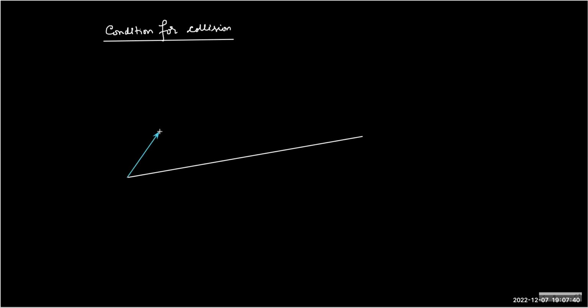You throw the first particle this way, V1. Let's say you throw the second particle this way, V2, at some angle θ1, some angle θ2. And this is the separation. You can call it as you wish, you can call it anything.